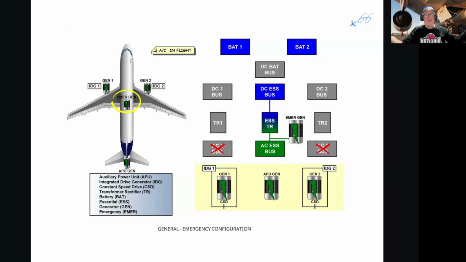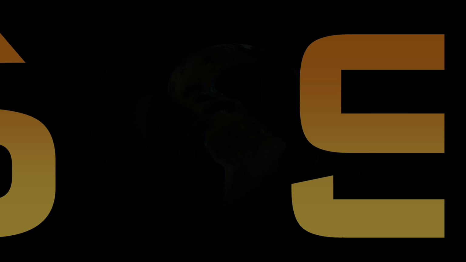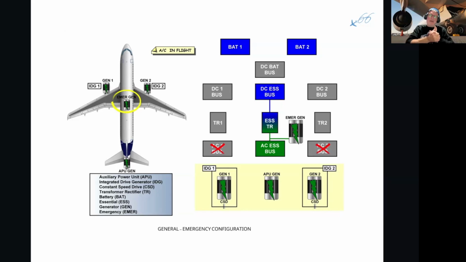If you have a flame out, then your engines don't turn, and if your engines don't turn, your IDGs don't work, and if your IDGs don't work to provide electricity, the aircraft becomes a completely powerless, dark, black glider. Yes, I have a little RAT that comes out, but how much is that going to provide? And how much is the emergency generator going to supply? Not very much. I lose a lot of systems.